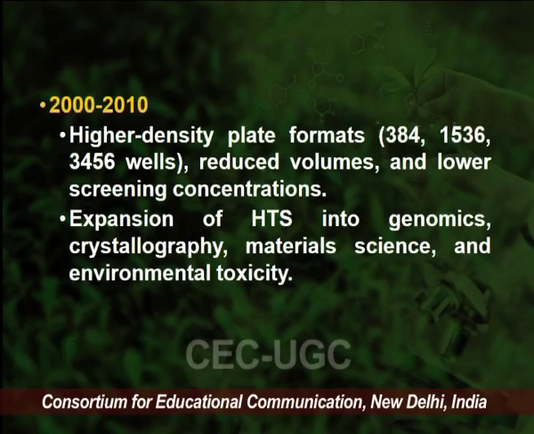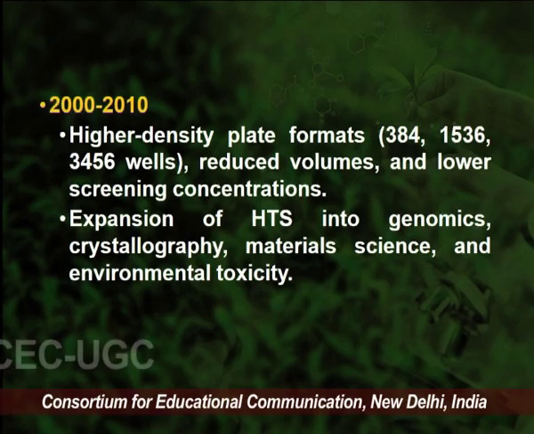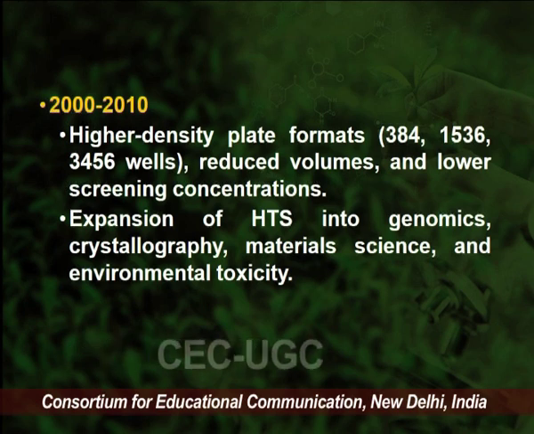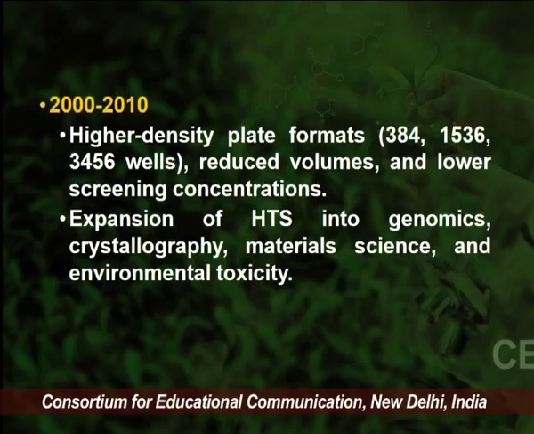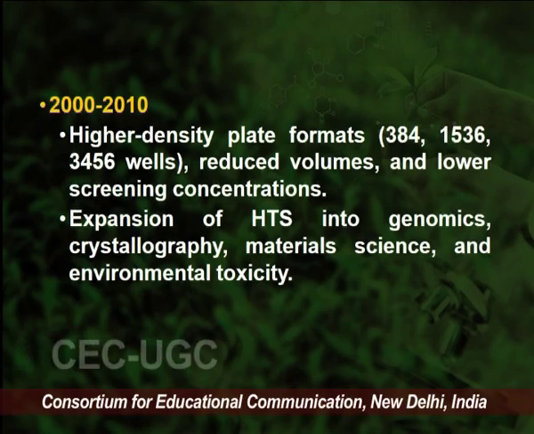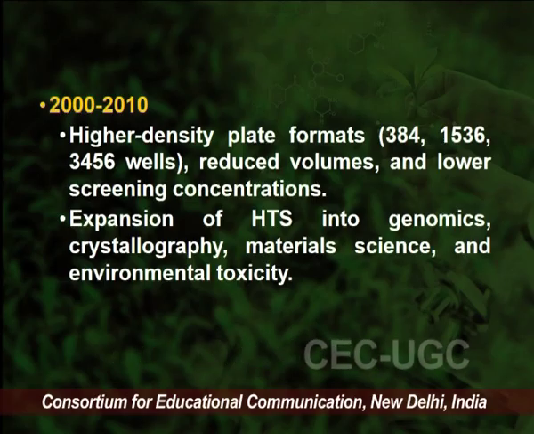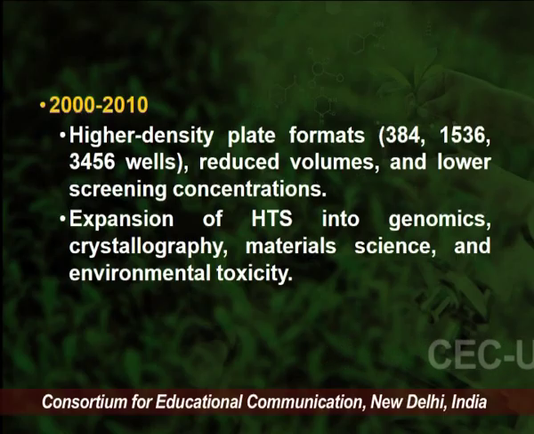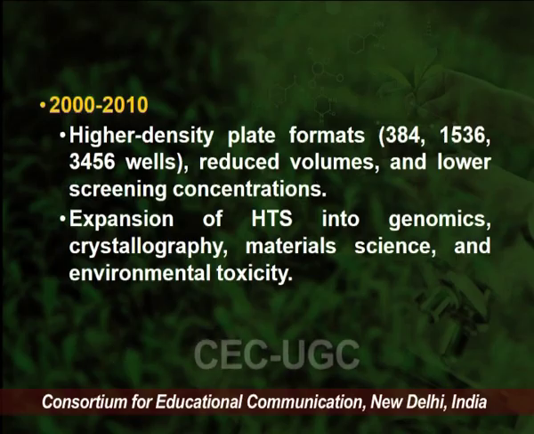Earlier, plates of 96 wells were used, but during 2000 to 2010, plates with higher densities like 384 well, 1536 well or 3456 well plates were introduced in the HTS process, which further helped in miniaturizing the assays and lowering the screening concentrations used for the test compounds. And eventually this process further expanded its arena into genomics, crystallography, material science and environmental toxicity.